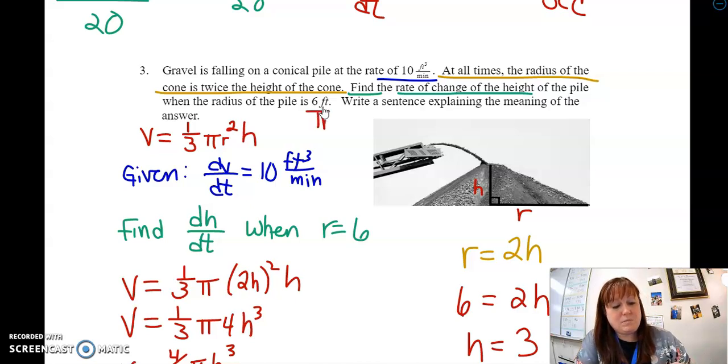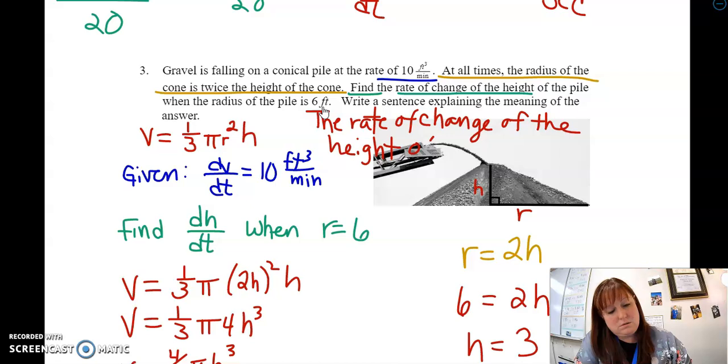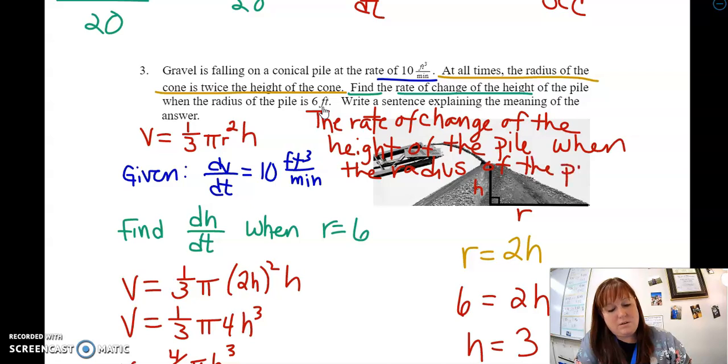So, the rate of change of the height of the pile, when the radius of the pile, you know what, I will say it, my English wasn't very good there.